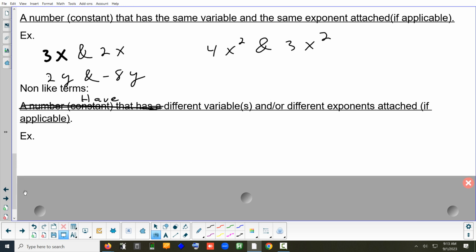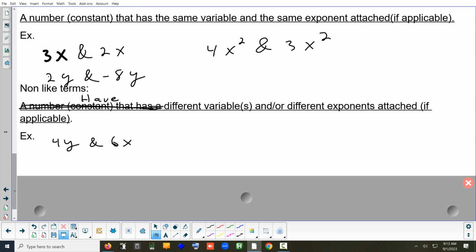Right, so let's write down a few examples of non-like terms. Let's start with 4y and 6x. Those are non-like terms. One of them has an x.